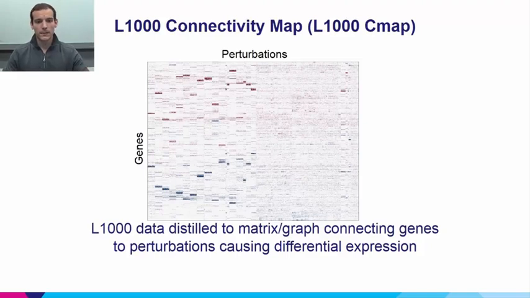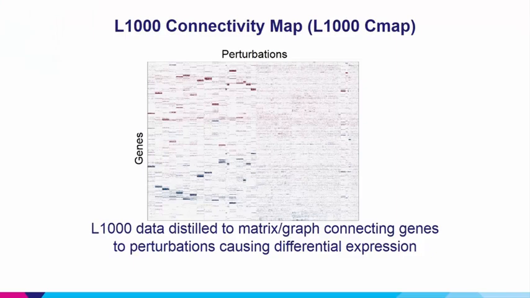So all the columns in this heat map correspond to different perturbations, in this case gene knockdowns, and then the rows correspond to the genes that we measured the expression of. And so red regions of this heat map correspond to genes that increase expression after gene knockdown, and blue regions correspond to genes that decrease expression.